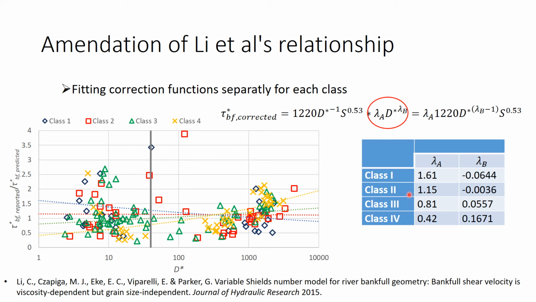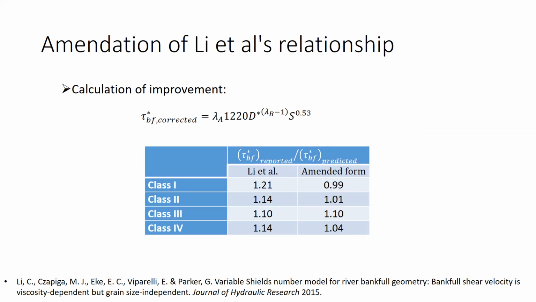Thus, a more accurate Shields number can be estimated by considering the table's values for the corresponding category. We calculated the mean ratios of the reported and estimated Shields numbers separately for each class. It can be seen from the results that the modified estimation has indeed brought a substantial improvement.